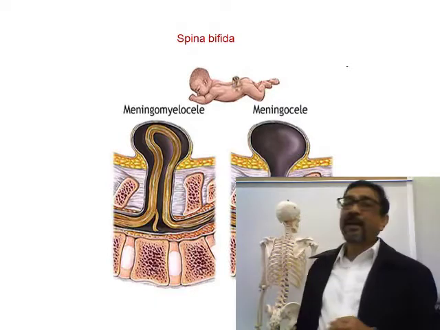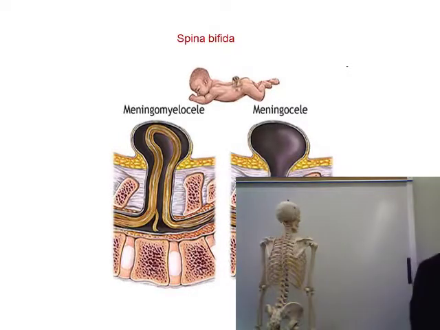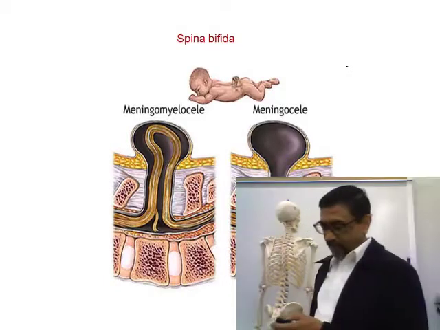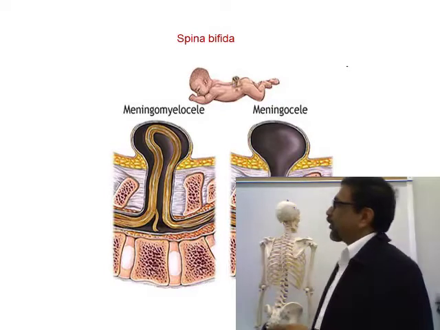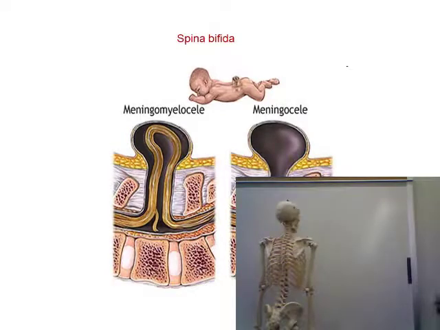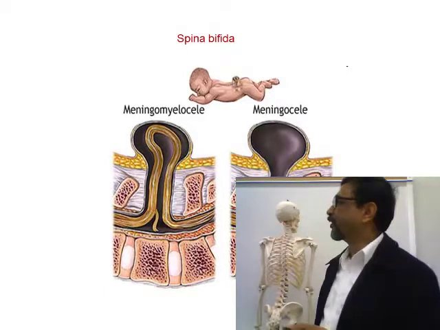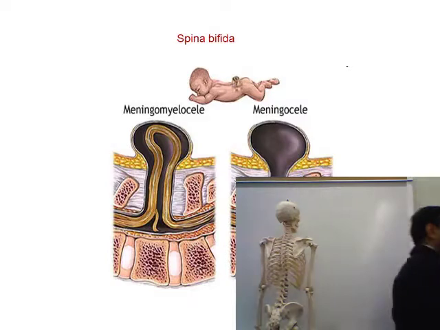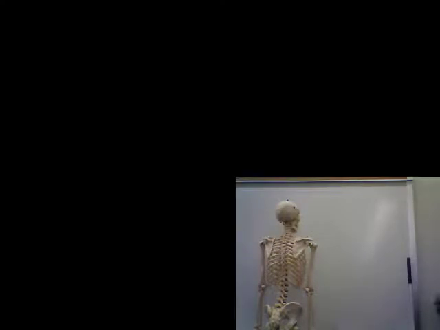Sometimes the person may suffer from paralysis because of the damage. Both are related to genes that come from the parents, a genetic disorder. Mostly genes are responsible for that.